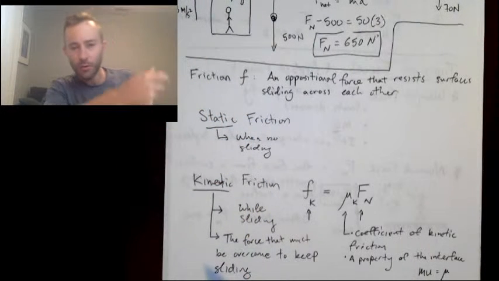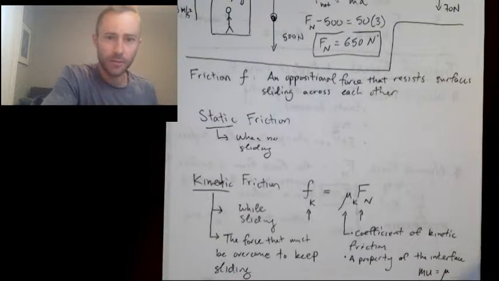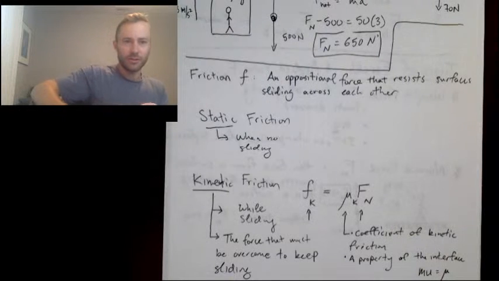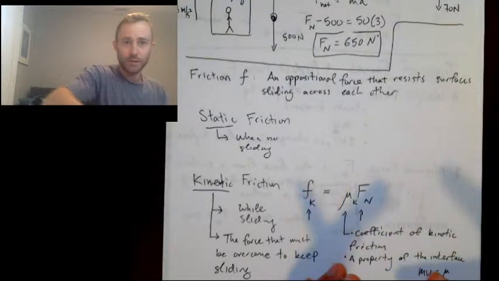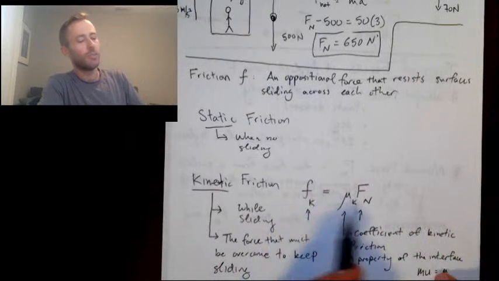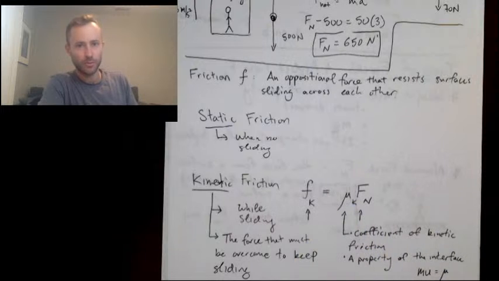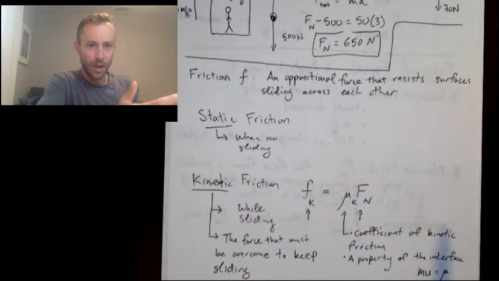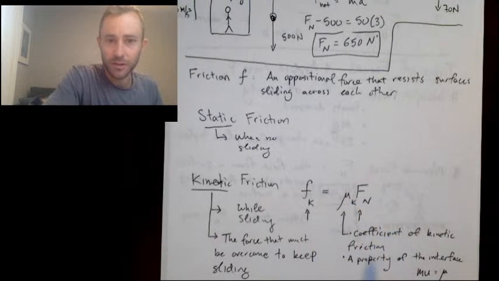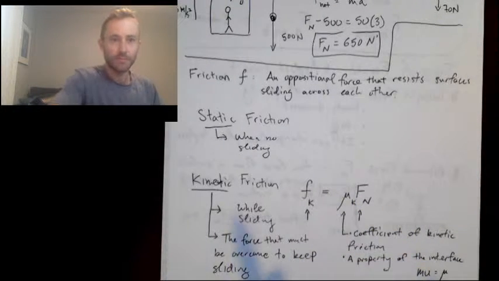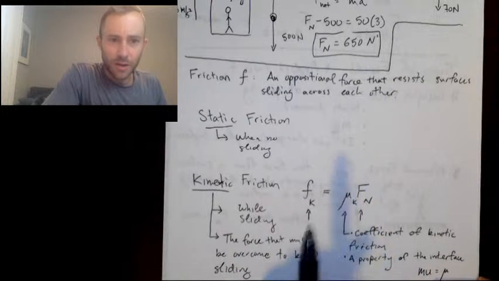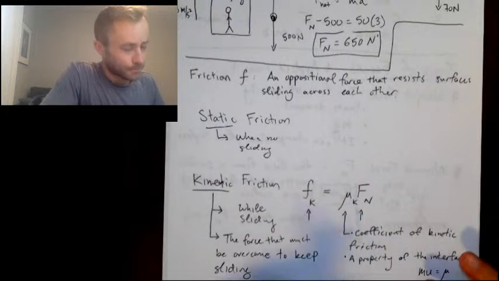So if you're not overcoming kinetic friction, what's going to happen is the object is going to slide and come to a stop because you weren't applying enough force to keep it moving. Okay, so you have to apply at least this much force to keep something sliding. If you apply more than that amount of force, it's going to actually accelerate while it's sliding. So this is kind of the bare minimum to keep it sliding at a constant speed.